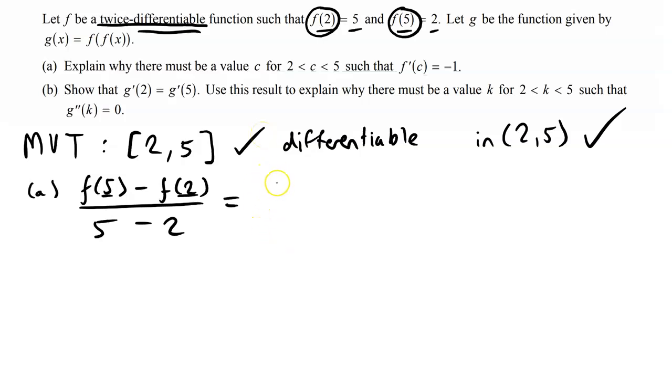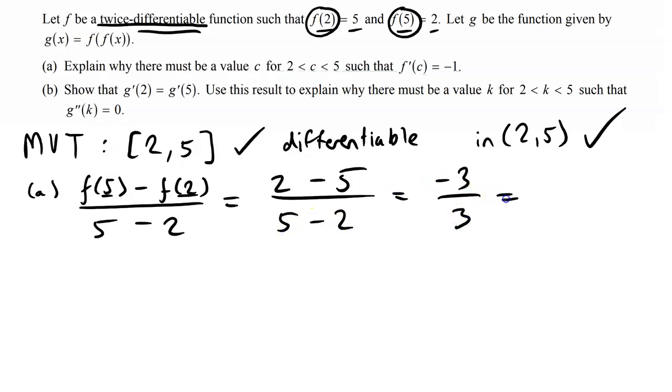So what is this? It's 2 minus 5, divided by 5 minus 2, which is -3 divided by 3, which is equal to -1. So the average rate of change is -1. That tells us something.